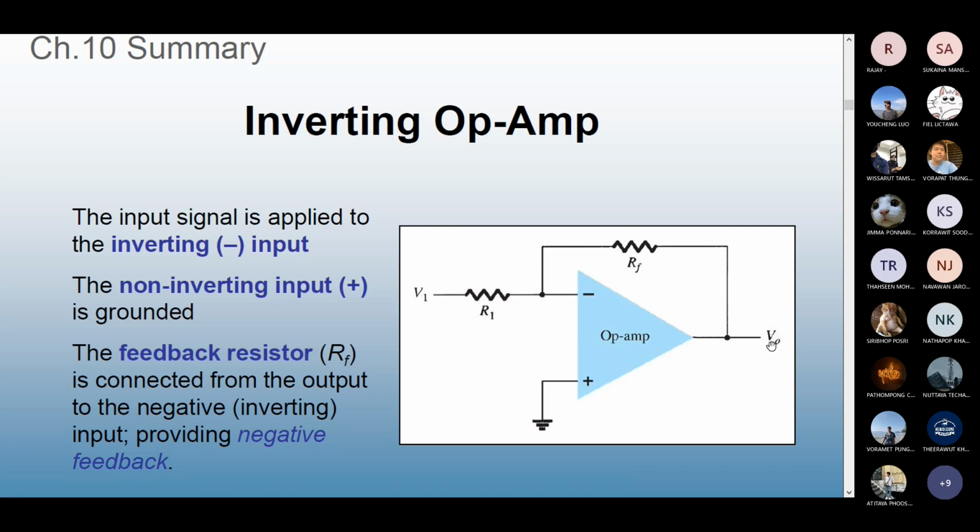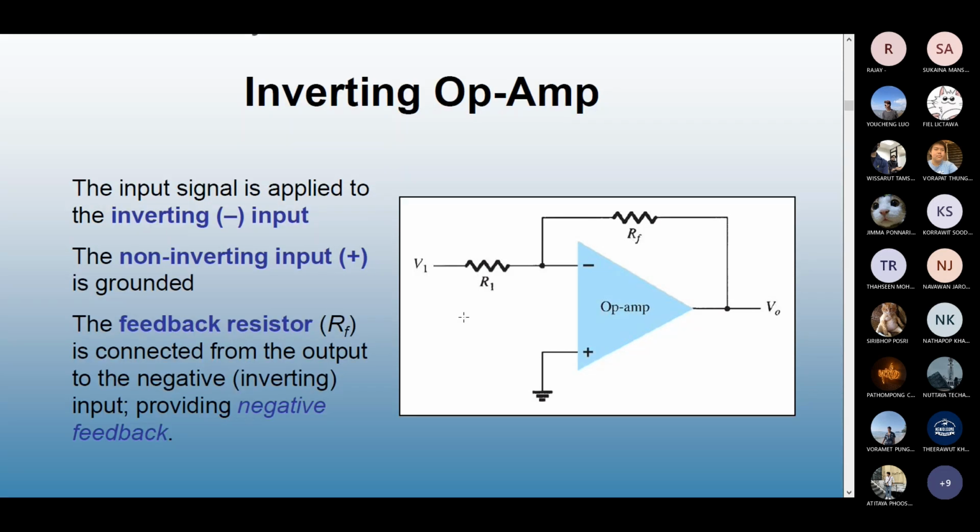What else do you see? The output side is connected to the input side by means of a feedback resistor RF. Sometimes it is written as R2 in the circuit diagram or in some exercise problems, but this is the feedback resistor.